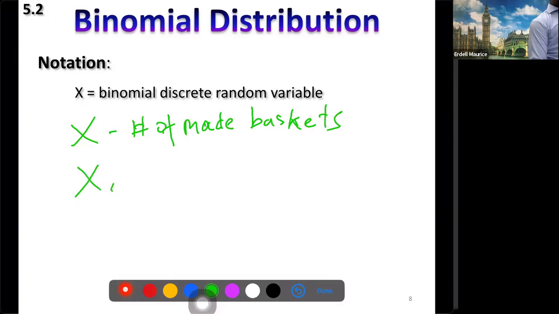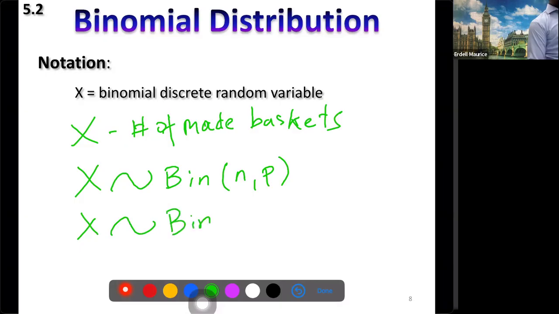X follows a binomial distribution BIN, N comma P. X follows a binomial distribution where there are 3 shots because he got fouled shooting a 3 ball, and P is going to be 0.9. He has a 90% chance of making any one of those 3 baskets.